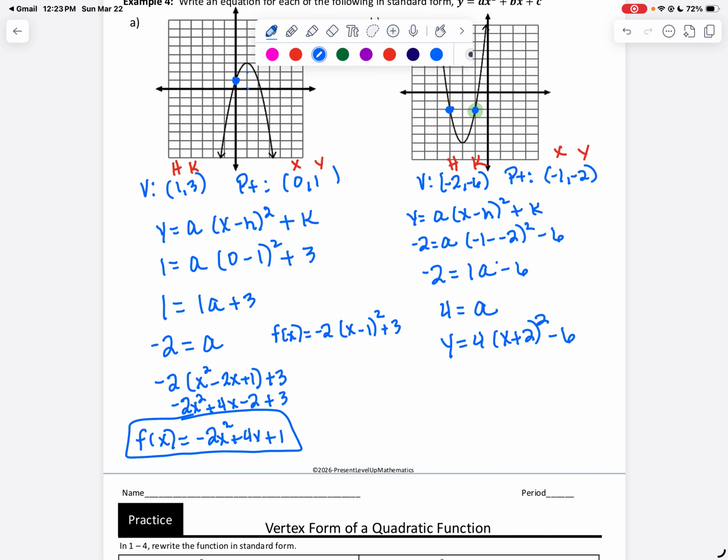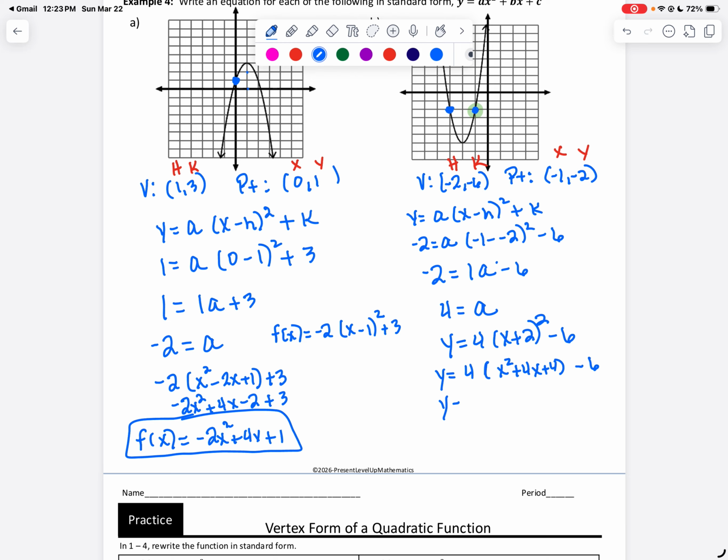The question, however, asks you to write the equation for this parabola in standard form. So we just need to get rid of our parentheses and combine like terms. So I'll put a big parenthesis here. Square the x plus 2 to get x squared plus 4x plus 4.